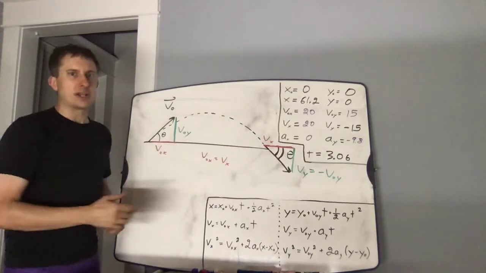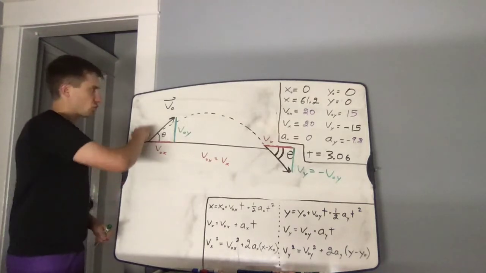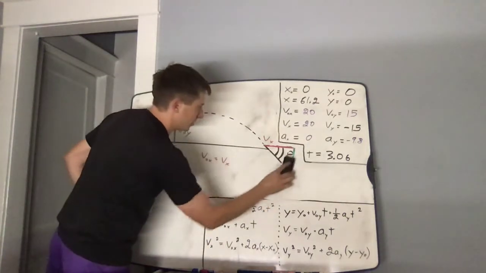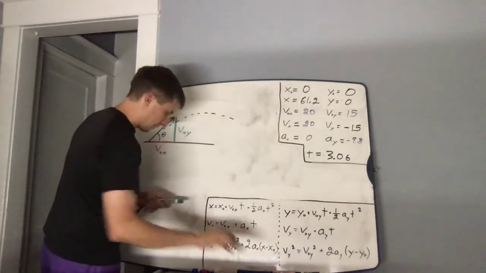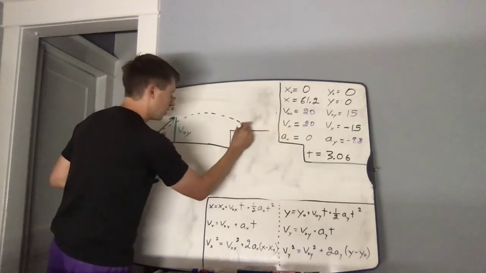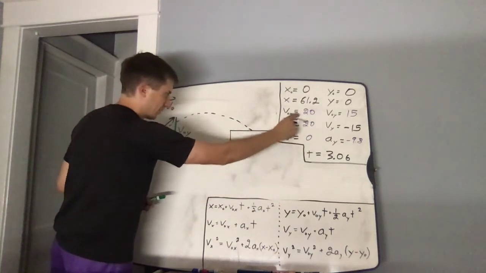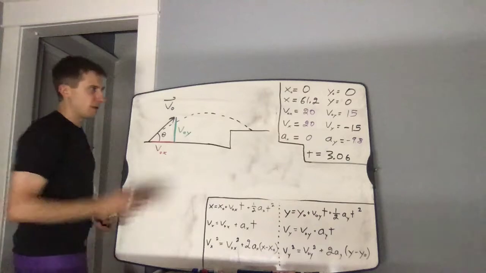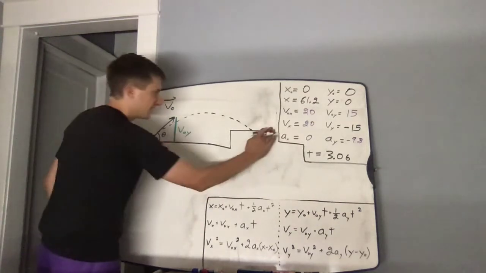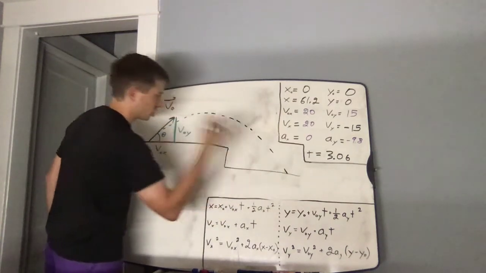Everything I said here is true provided that the ball is thrown and lands on level ground. If instead the ball were to be thrown but then land on the roof of a building, this is no longer going to be true. Vx will be the same because Vx is always constant, but Vy will not be the opposite of its initial value. Or if instead of landing on the roof of a building, the ball lands in a ditch, same deal.